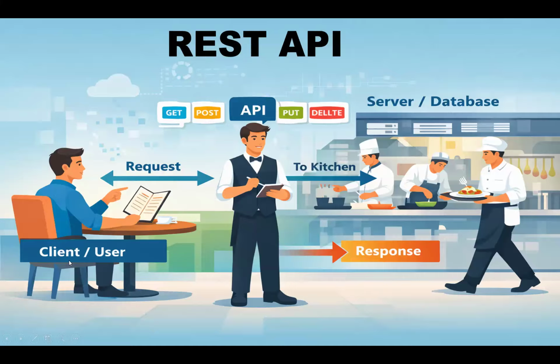And I believe you guys understood. Client means this is not a human client. Client means anything which is going to access something from the REST API or from the server. That client may be your browser, because ultimately you are going to request something through a browser.